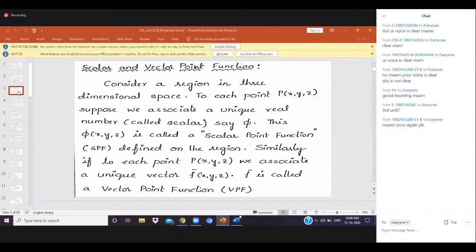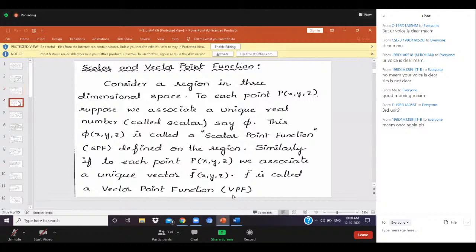In the same way, if in three dimensions P of x comma y comma z we associate a unique vector, that is called vector point function. So these two definitions are very important for the short answers: what is scalar point function and what is vector point function?